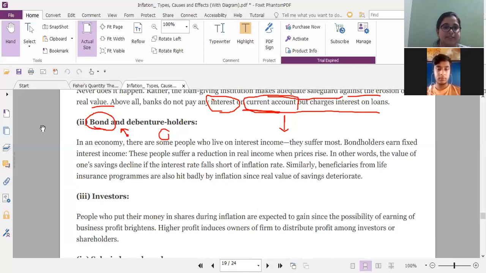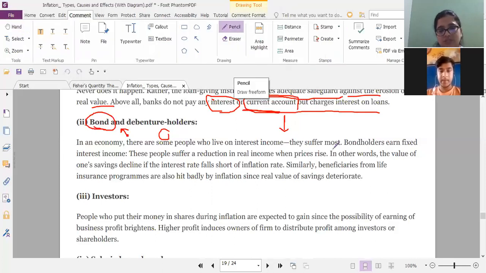Alright. So in an economy, there are some people who live on interest income. They suffer most. Bondholders earn a fixed interest rate. If your interest rate is flexible, linked to the market, then you will suffer a loss.